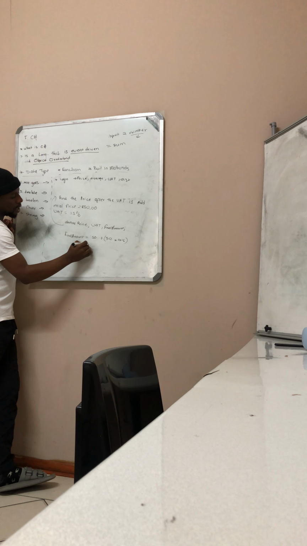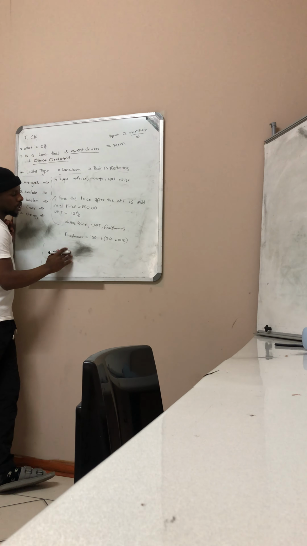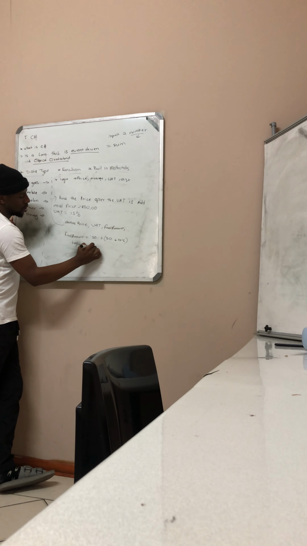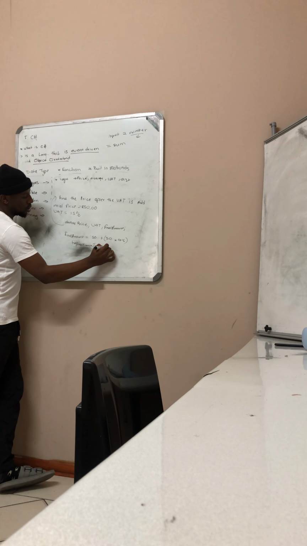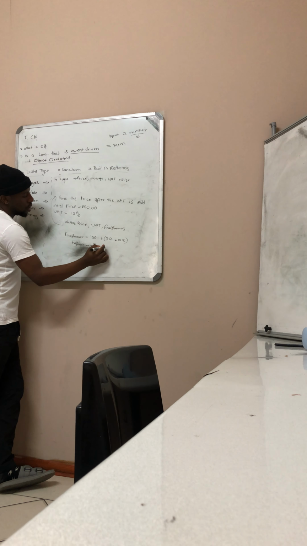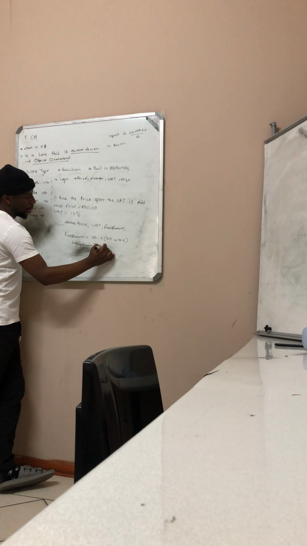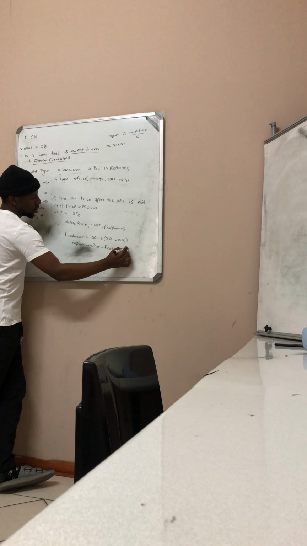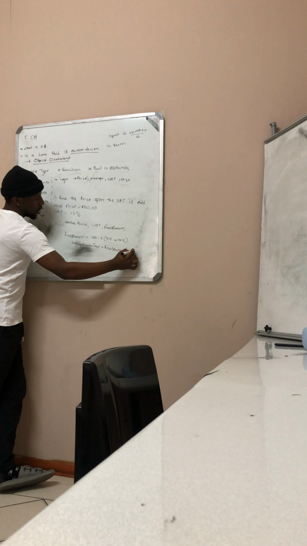Then the answer will come out. How do you get your answer? You're going to say txtFinalAmount.text is equal to finalAmount.ToString.